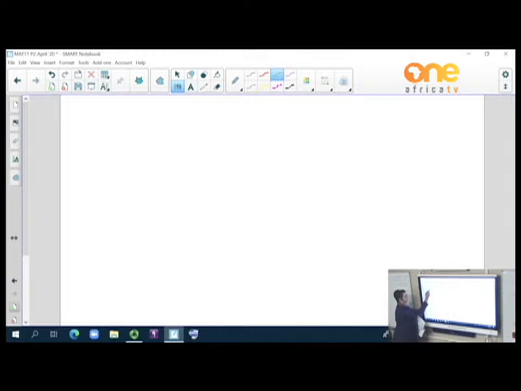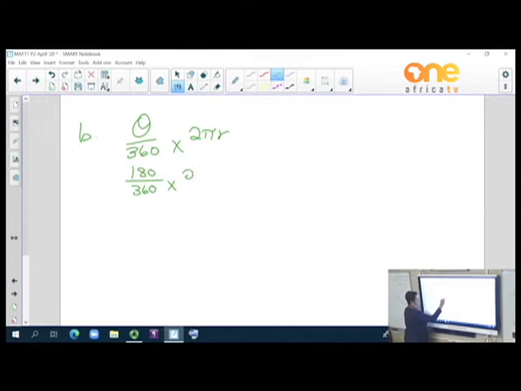I'm going to do another one for you, and then you can try. Number B, what is theta in this case? So we start with a formula, theta over 360 times 2 pi r. What is theta in this case? Yes, 180, so it makes it very easy. It's a half out of 360 times 2 pi r.